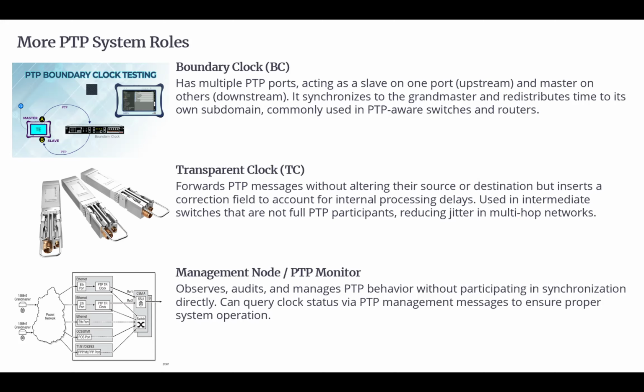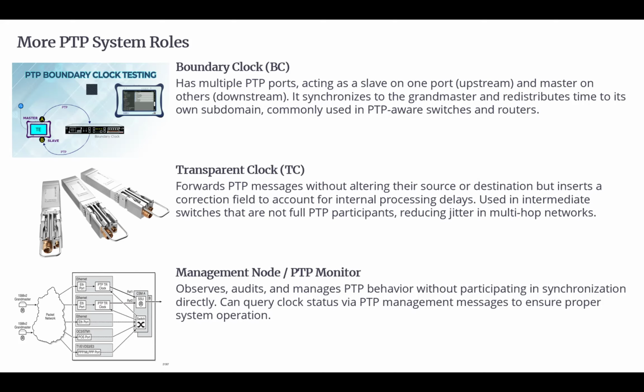It receives the data from the grandmaster and acts as a master for its own section, so we can isolate different sections in our system. It's normally used in PTP-aware switches or routers. In practice, the network switches themselves can become intelligent participants in time synchronization.